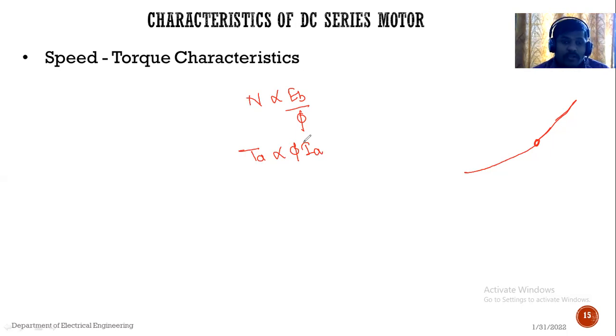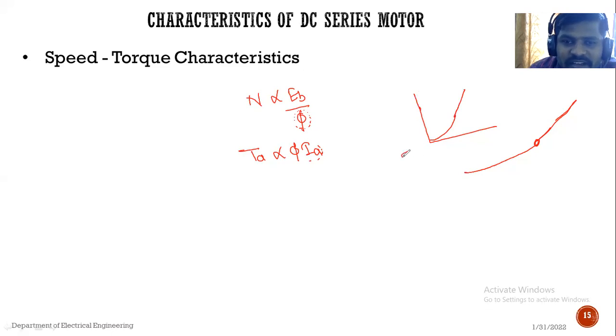According to this equation, if the armature current of the motor is less, then the torque of the machine will also be less. The torque versus armature current relation that we derived is like a parabolic path up to some point, and after that it is a straight line.